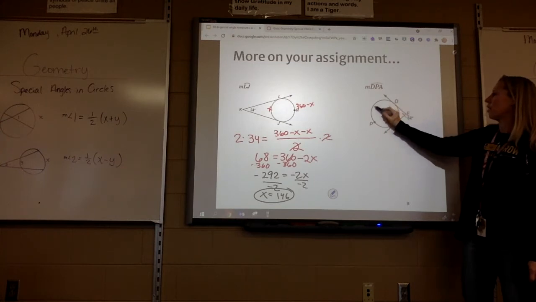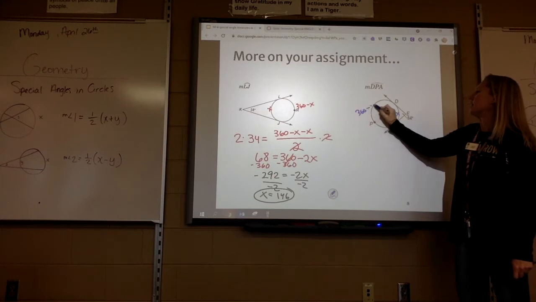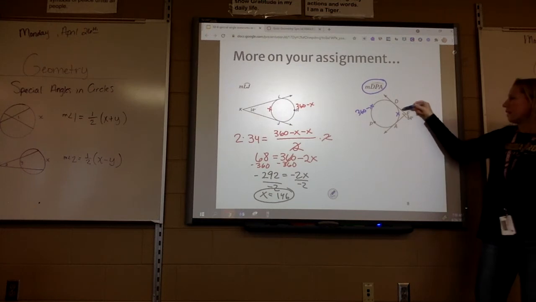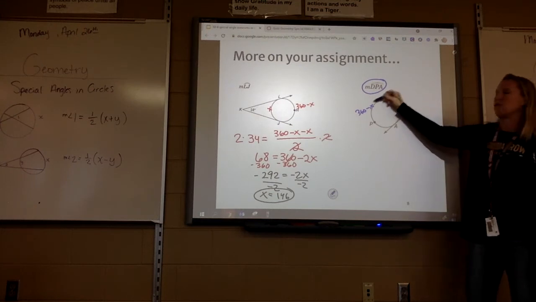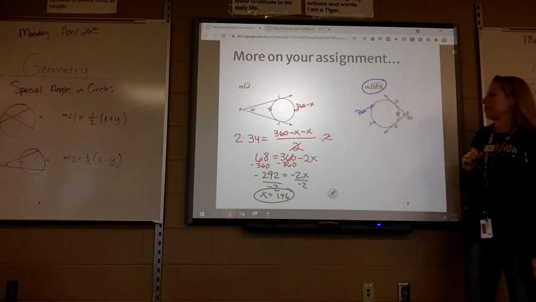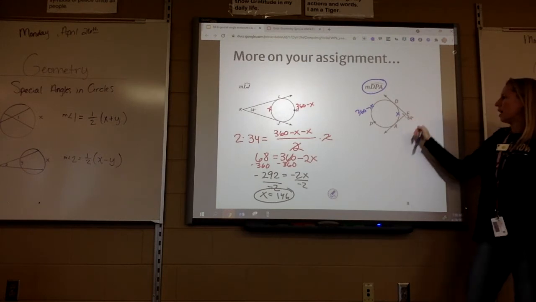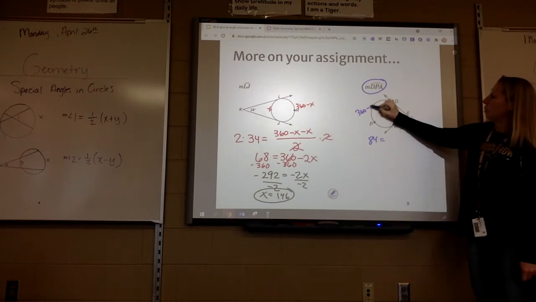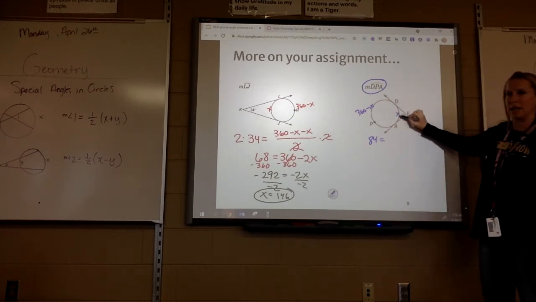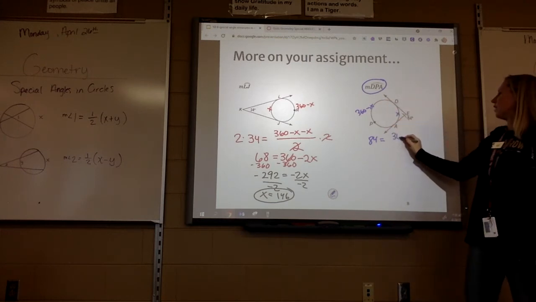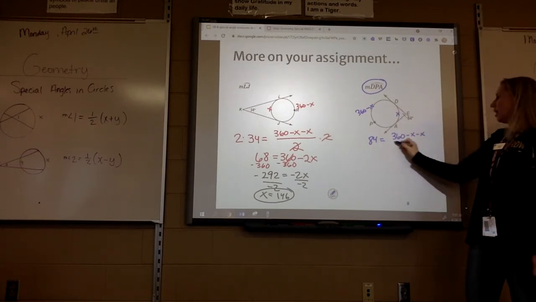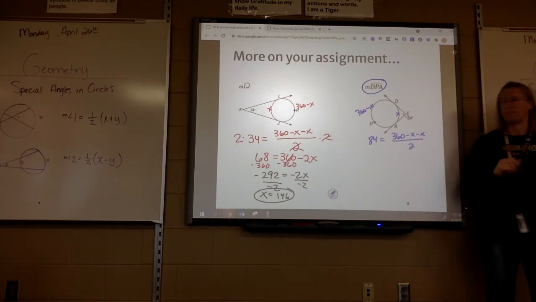So this one, I always just call the smaller arc x. What would I call this great big arc? 360 minus x. Now this time, I'm going to have to find the great big arc. So once I figure x out, I'm going to have to do 360 minus that. So I start with the angle. 84 equals big arc minus little arc, 360 minus x, big arc minus little arc, and then I have to divide that by 2.